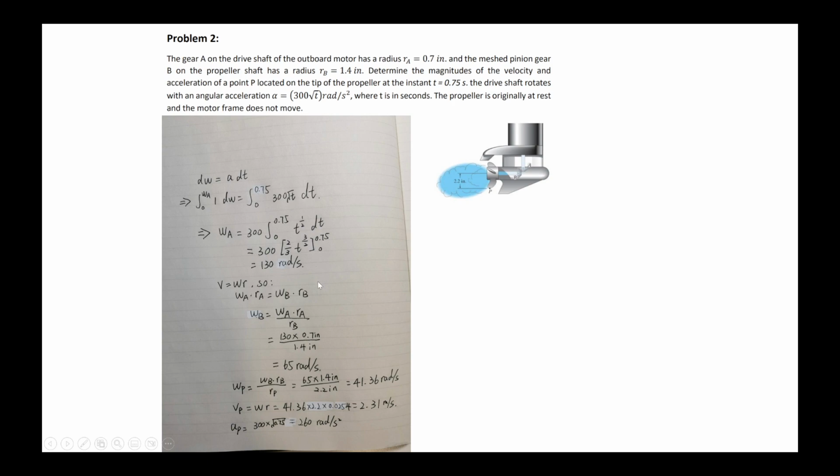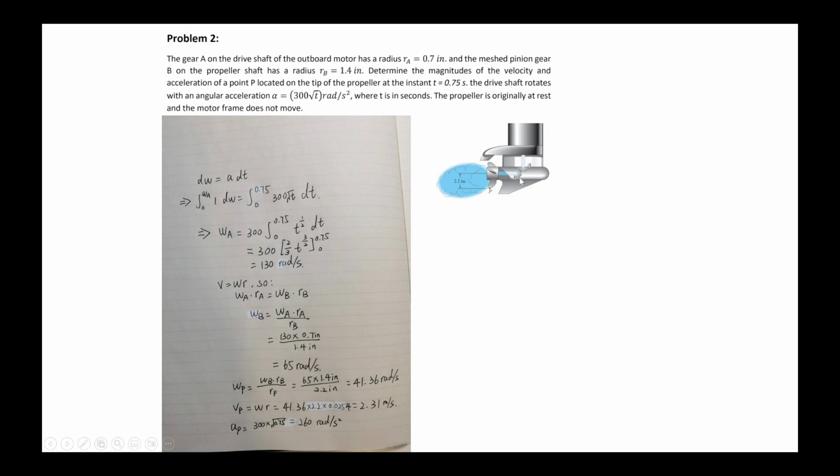So we can get the angular velocity of A, which is 130 rad/s. And according to this equation, we can get this formula. So according to this formula, we can get omega for B, and here is the answer.